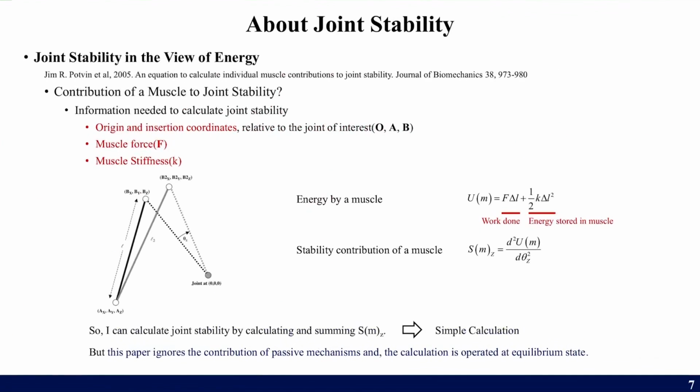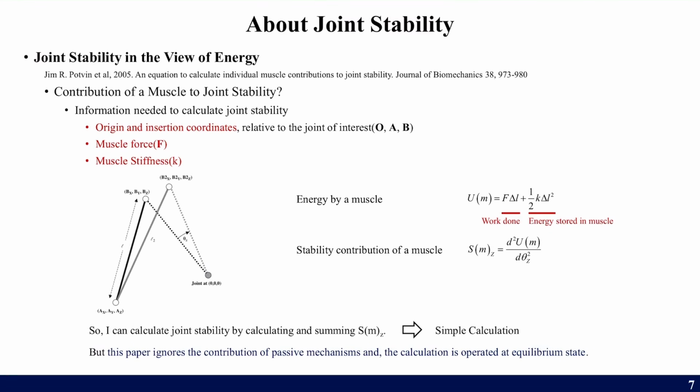To calculate the joint stability, I need to know three inputs. The one is the coordinate of the muscle and the joint, and the second is the muscle force, and the third is the stiffness of the muscle.